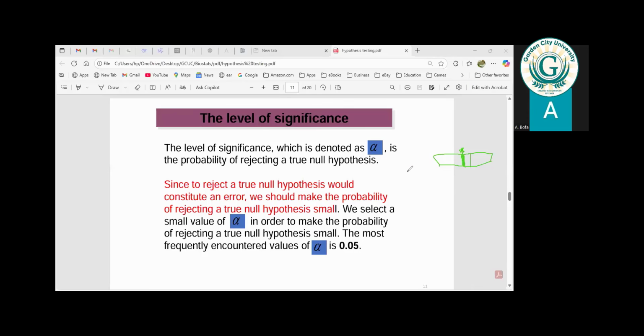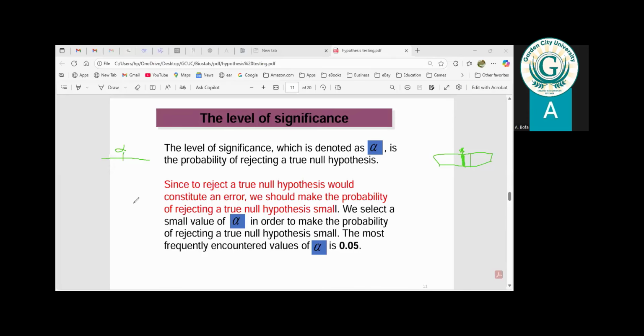The same thing is what we are doing here. We always choose a benchmark, alpha, and then we compare it to the p-value. Based on that, we are able to draw our conclusions. We are able to either accept or reject the null hypothesis.